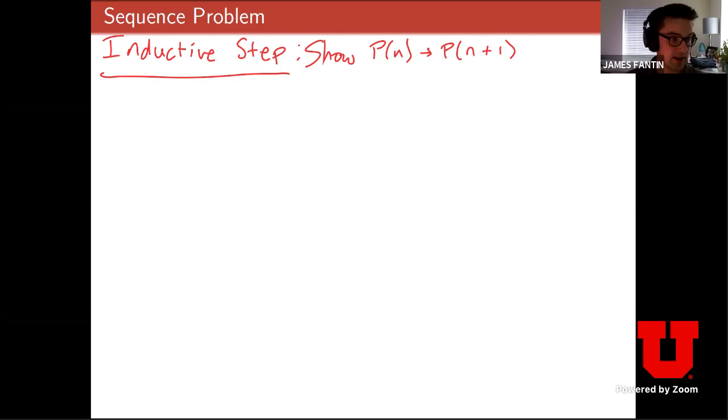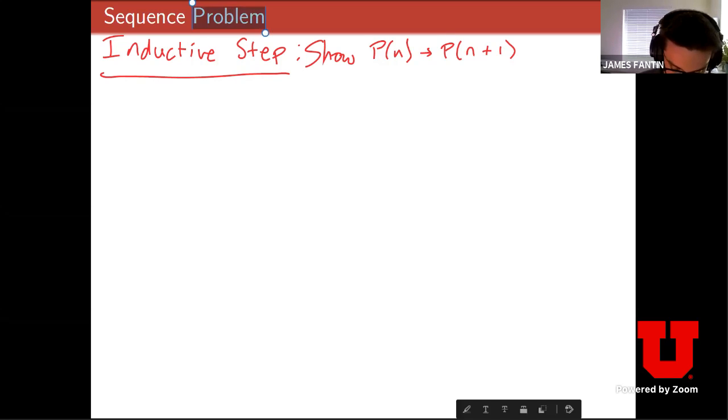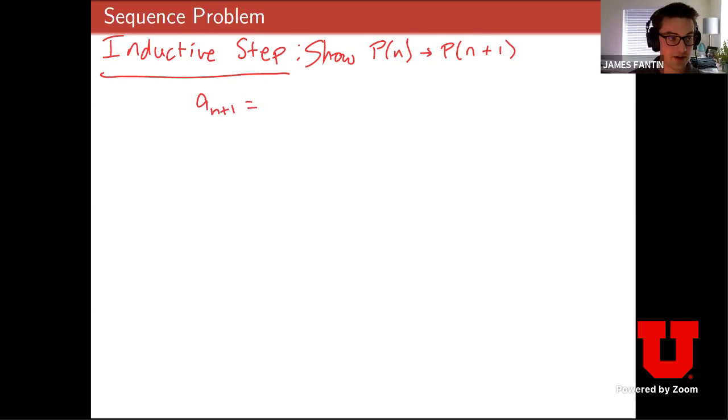Note that for our induction hypothesis we could have assumed that P of n minus 1 is true, and then in the inductive step shown that P of n is true. Both would work fine. So we need to find the value of a sub n plus 1. Using the recursive formula, we know that a sub n plus 1 is 2a sub n minus 3.